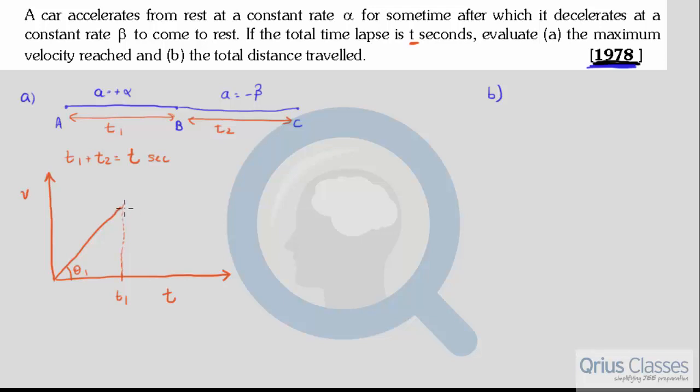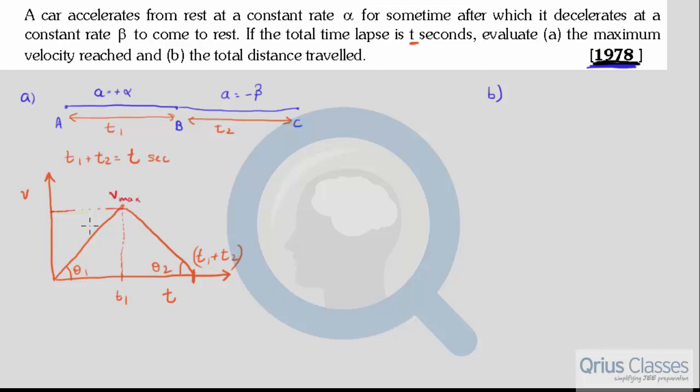From this point it decelerates with slope angle, say theta 2, and after time t2, the total interval being t1 plus t2, it finally comes to rest, that is velocity becomes 0. The maximum velocity reached, which is the first part, is clearly depicted in the graph. This is Vmax, the maximum velocity reached.